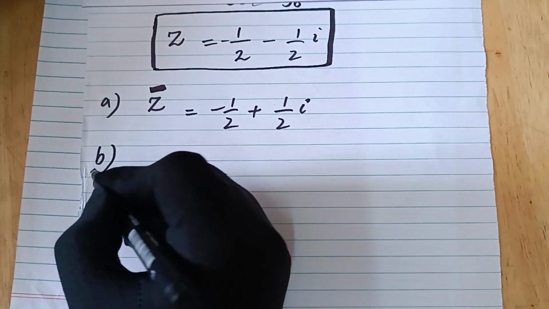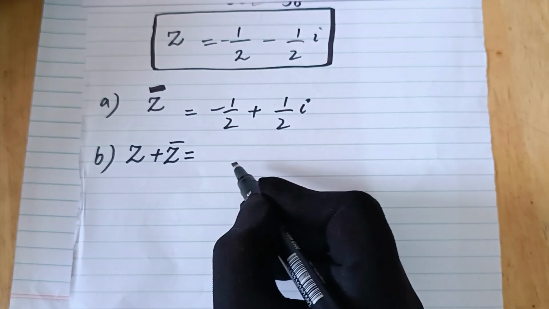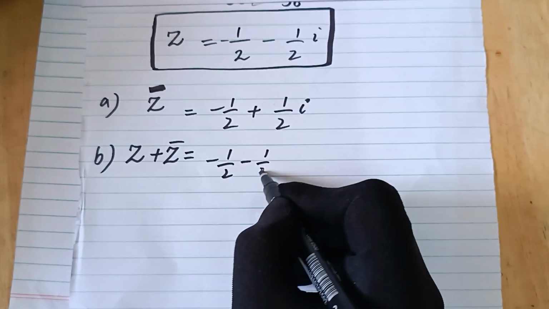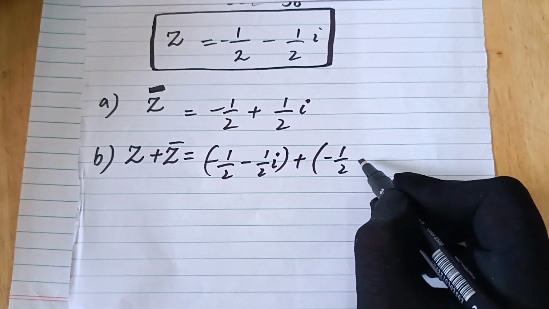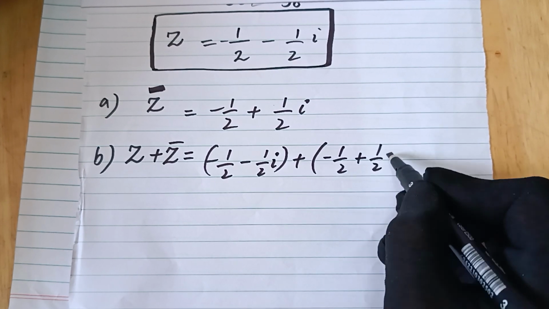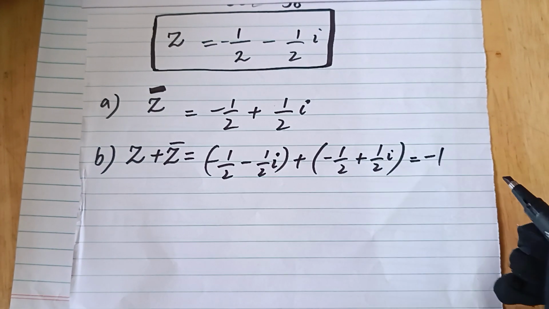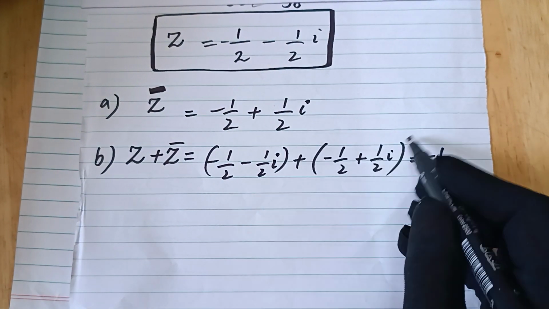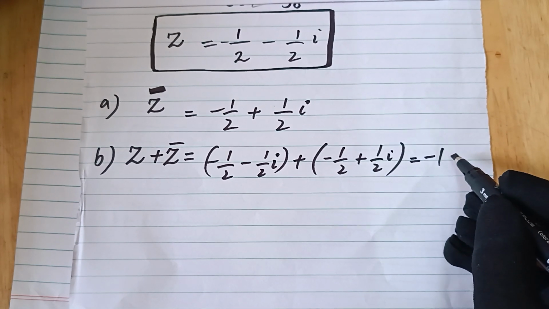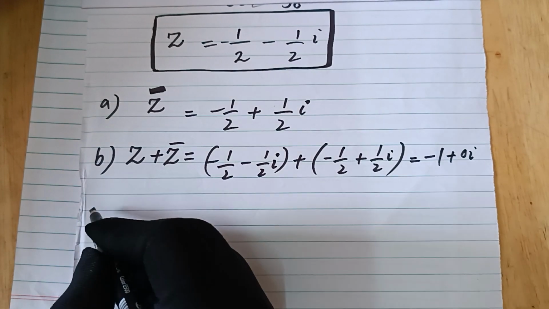In the second part, they said add. So write down the first number plus the second number. Minus half and minus half will be minus 1. Negative half and negative half add up, so the real part is minus 1.